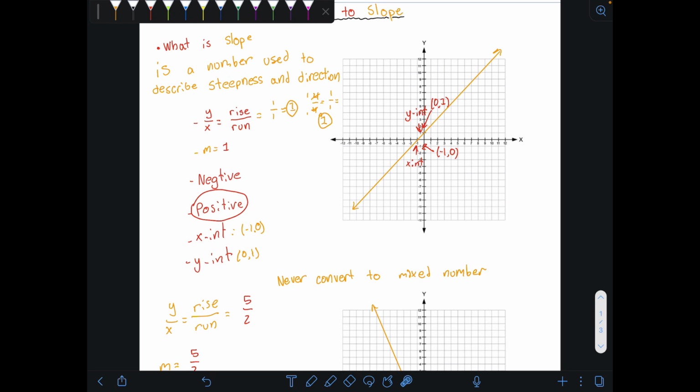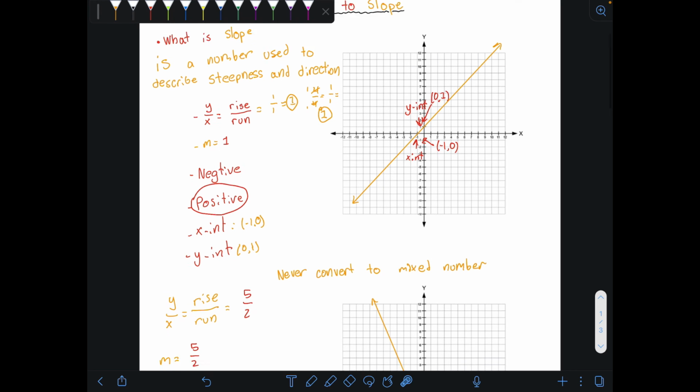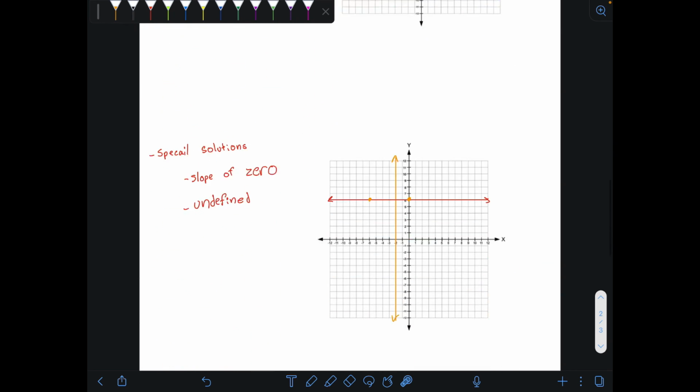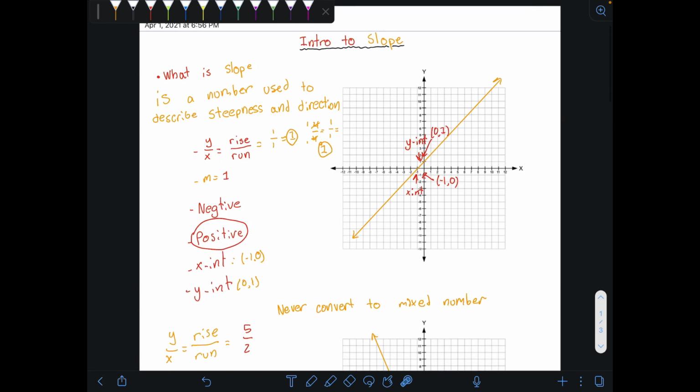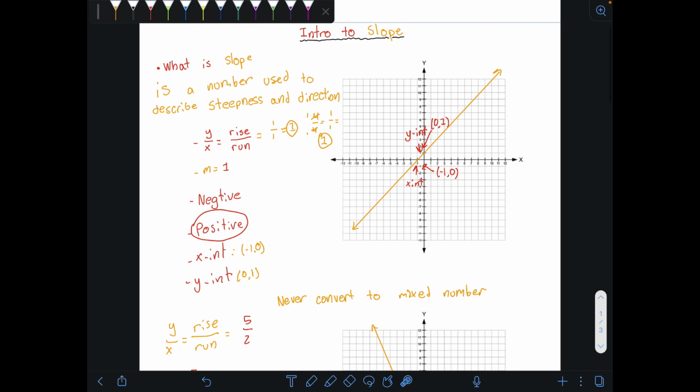This will become very important. And then also remember your special solutions. Remember 0 is not above, not below, it is just 0. And then from top to bottom, like this, any line like this is undefined. So guys, don't be afraid to rewatch this video because I understand slope is a pretty complicated topic at first.